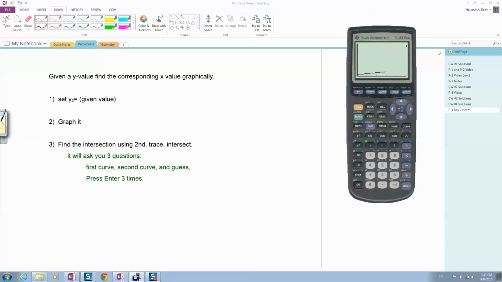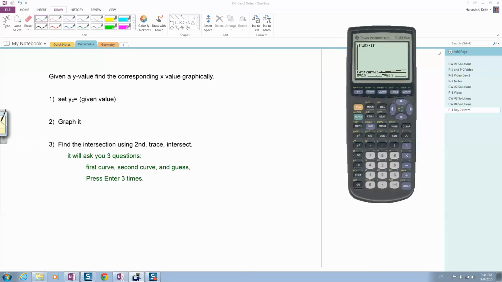So notice when we graph it here, notice how it intersects. So what we want to do is find the intersection. And what we're going to do here is we're going to go second function, then trace, and then we're looking for the intersect, so number 5. You can either scroll down to number 5 and hit enter, or you can just hit the number 5 here.